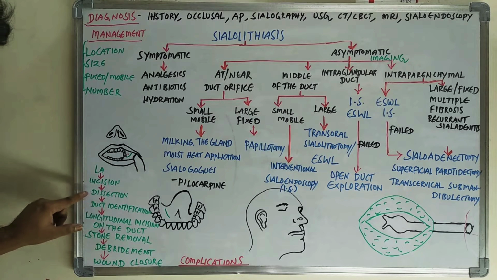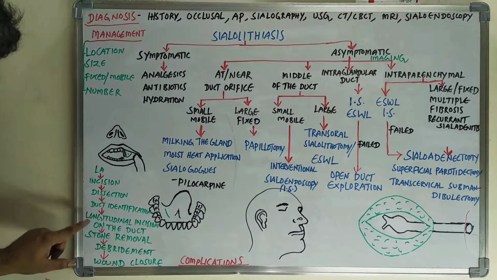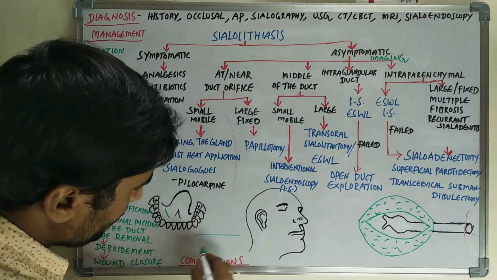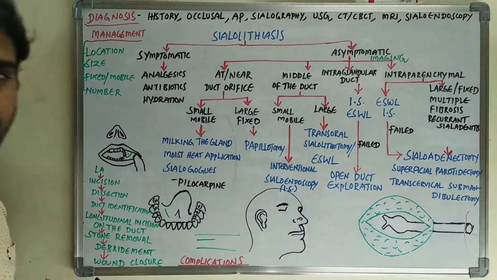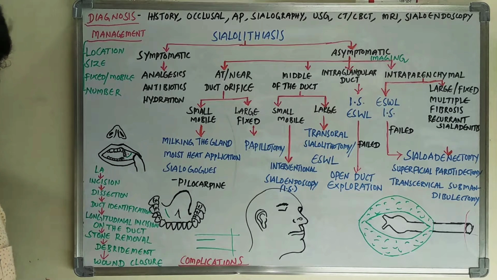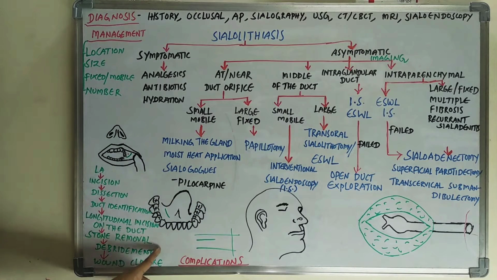After the incision, dissect and identify the duct. Once you identify the duct, make a longitudinal incision on the duct, like this, and not like this. Once you incise longitudinally, you can remove the stone.